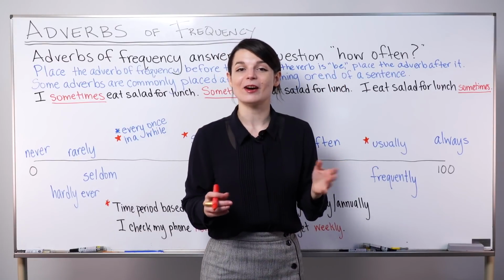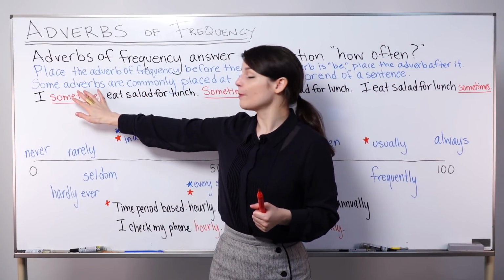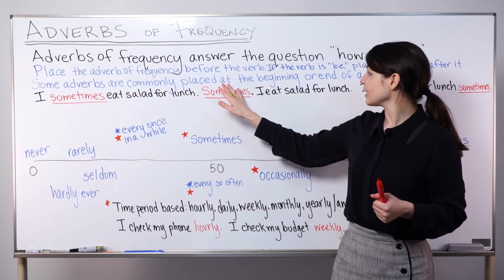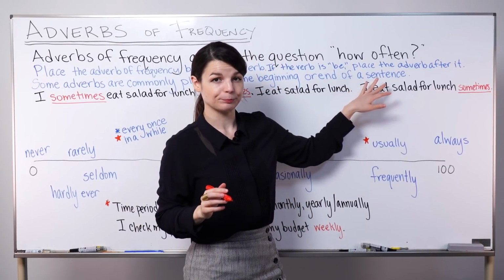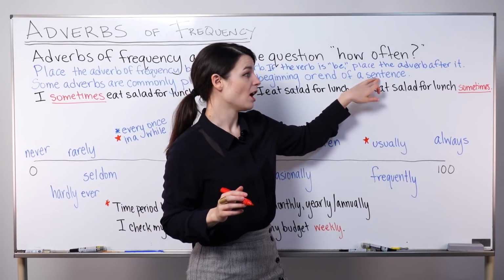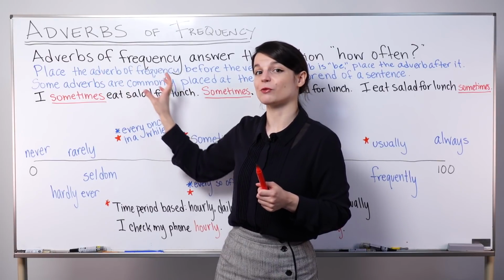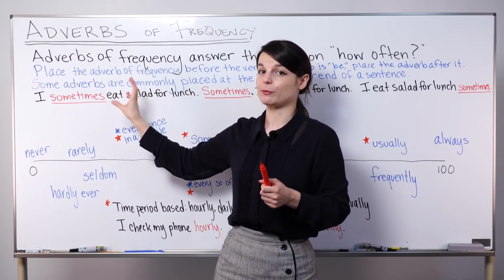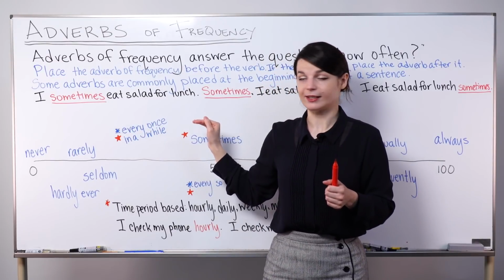In today's lesson, though, I'm going to focus a lot on this next point. Some adverbs are commonly placed at the beginning or at the end of a sentence. So I want to focus today on this point and on placing the adverb of frequency directly before the verb you want to modify. I have a few example sentences here.